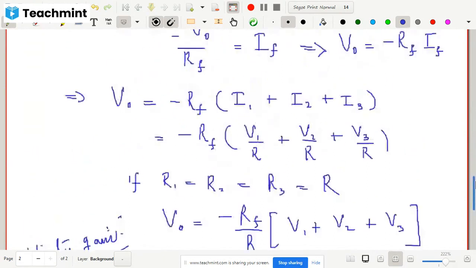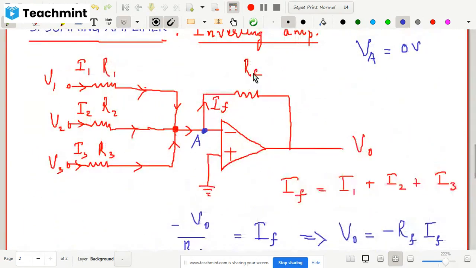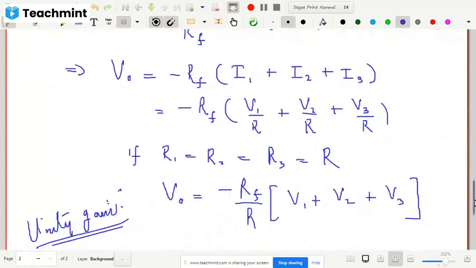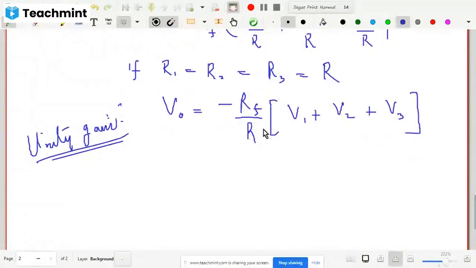If you take this as 4 kilo ohm, all these you should take to be 4 kilo ohm. Then if you give any input voltages here, the output would be directly the sum of these input voltages. Of course, there will be a negative sign. That negative sign comes because of the inverting amplifier, but it does not harm your calculations.